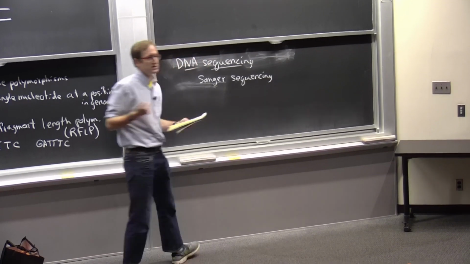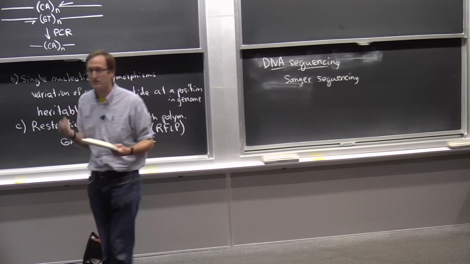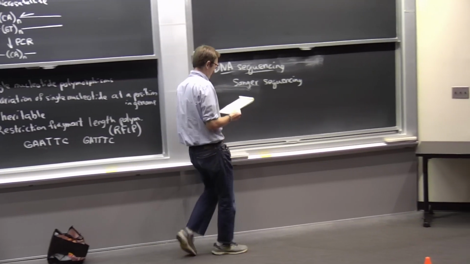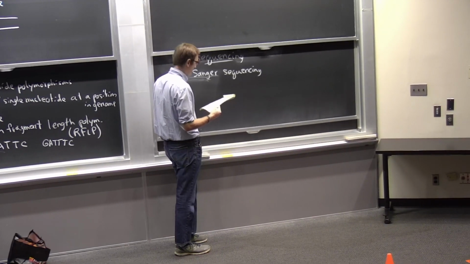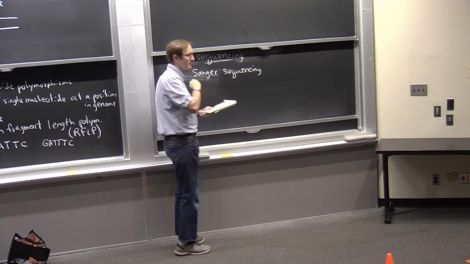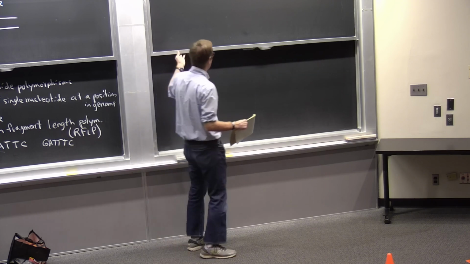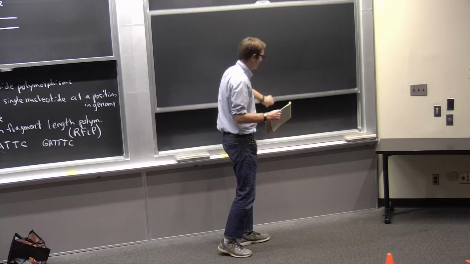And that's because it was identified by an individual named Fred Sanger. And I'm going to just take a very simple DNA sequence in order to illustrate how Sanger sequencing works.